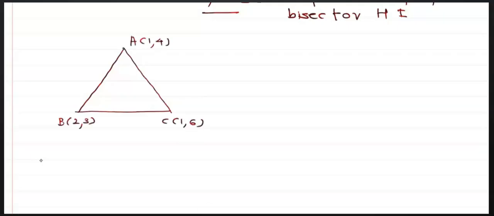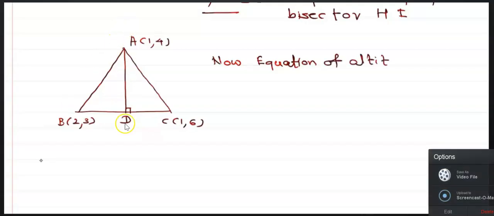Now next is ABC. These are the altitudes. Now we will form the equation of the altitude. AD is the altitude. AD is perpendicular to BC. We need the slope of AD, so we will find the slope of BC and take its minus and reciprocal to get the slope of AD.